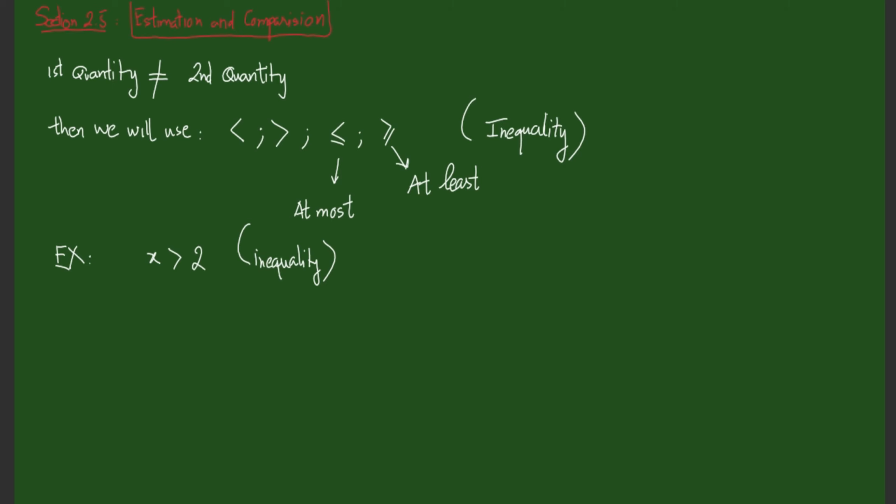As long as it's greater than 2, it could be 2.1, 2.01, 3, 4, 5. Remember, this is greater than.